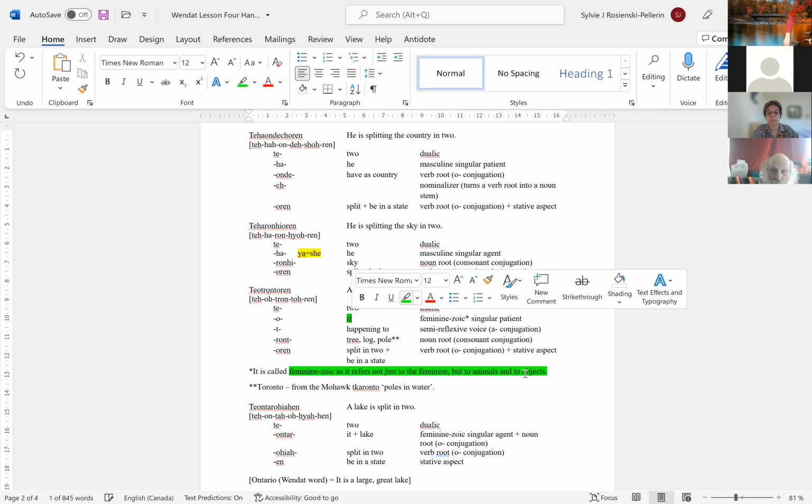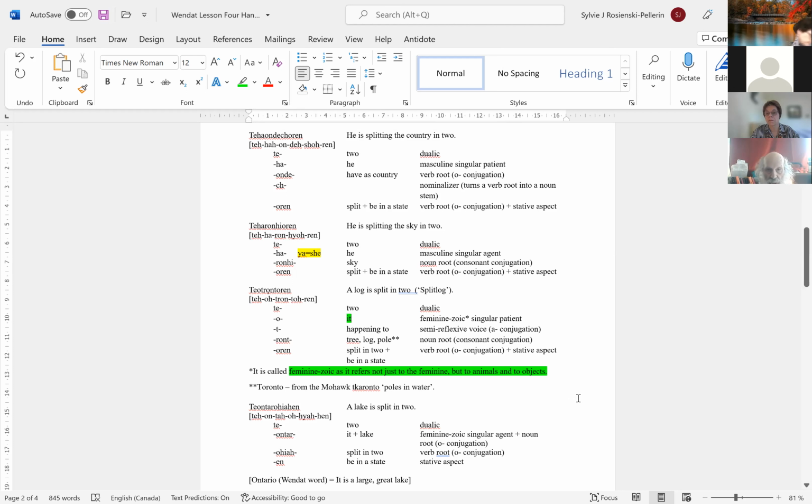And because it's happening to the log, you use the patient form, right? So that's that combination, right? Because that tells you, aha. Now, also, there's the semi-reflexive, which says happening to. It's happening or has happened or will happen to whatever you're just about to talk about.